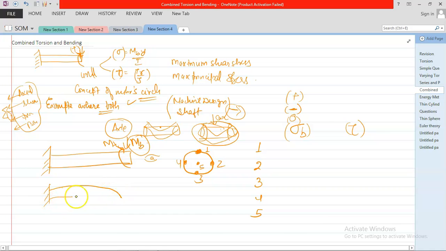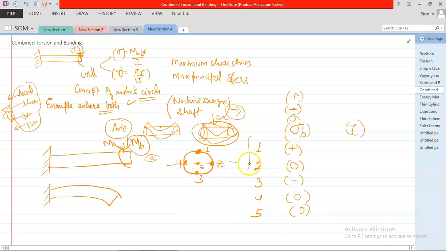The upper portion is elongating, so it is in tensile stress. So sigma is positive. At point 2, this is the axis of the neutral plane, so there is no bending stress. It is 0. At point 3 it is negative. At point 4 it is again 0. At point 5 it is again 0.